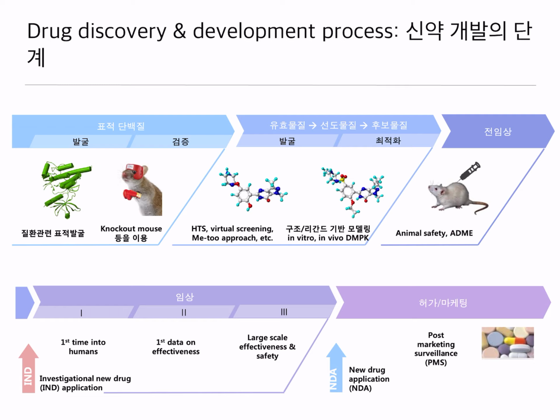So, again, these are the drug discovery steps. First, we start from target identification, and after that we validate our target. For this step, people usually use knockout mice, which means mice without certain genes.